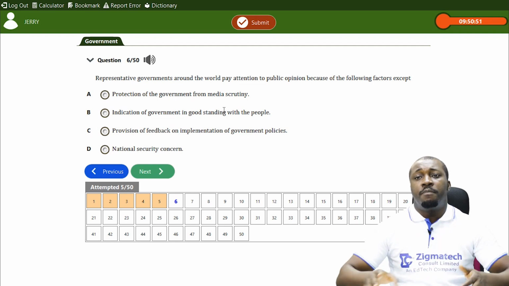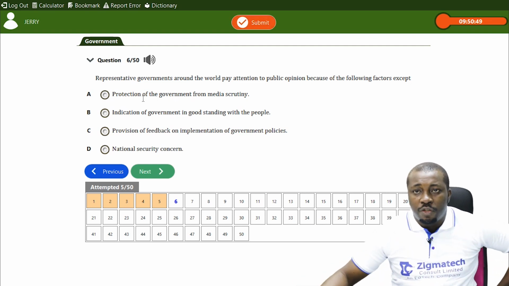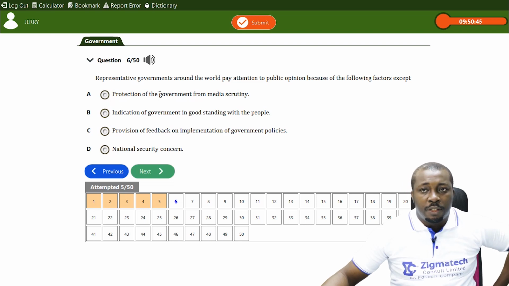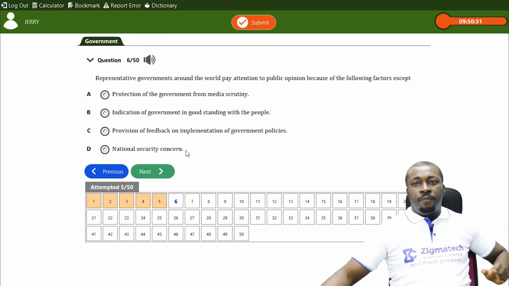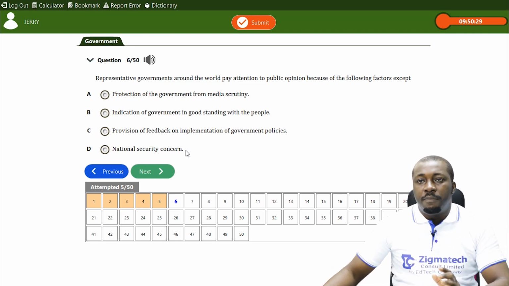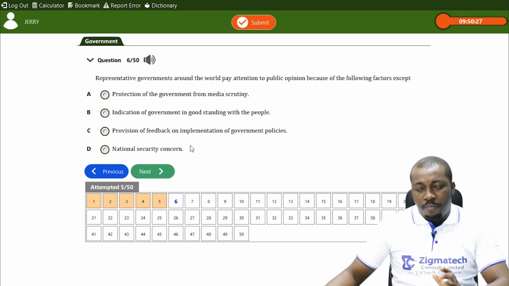So which one is not the reason? A says protection of the government from media scrutiny. B, indication of government in good standing with the people. C, provision of feedback on implementation of government policies. D, national security concern.